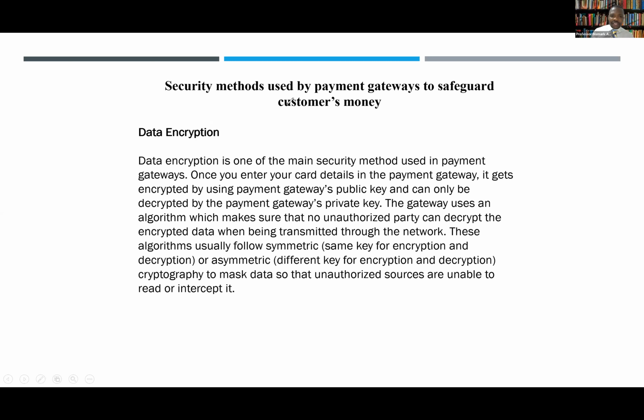And we've always said security methods used for payment gateways to safeguard the customer's money. Security is at the forefront of the customer's money. So payment gateways, merchants will have to demonstrate what they're putting in place to make their transmission or their flow very secure.